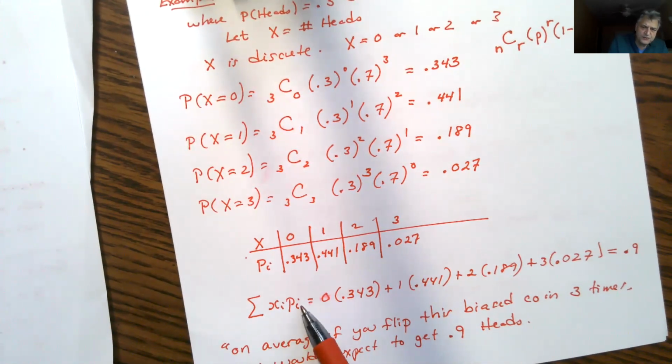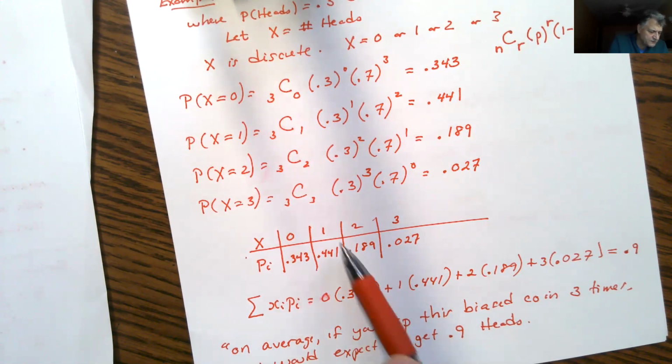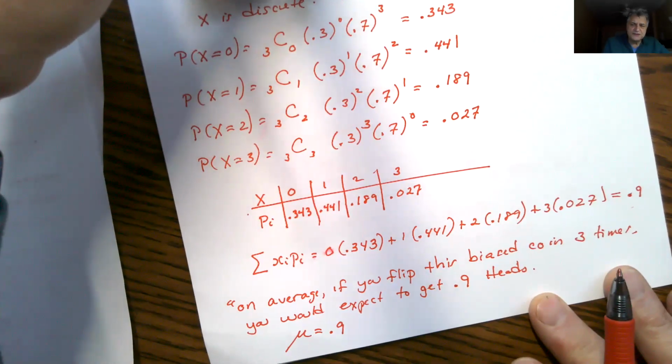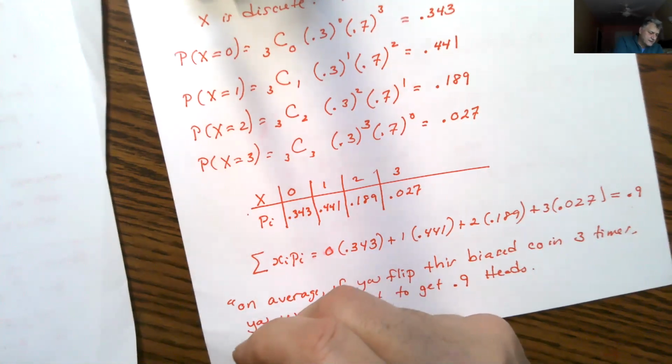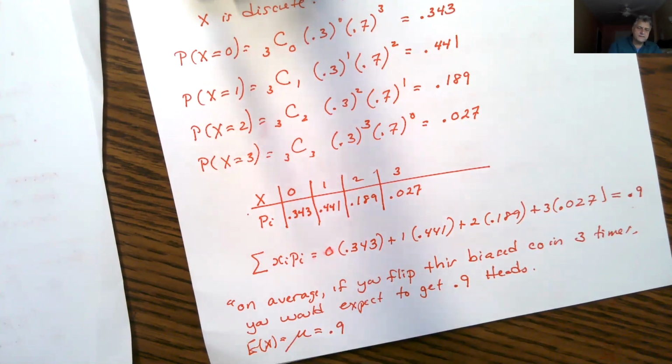So if I use this formula, 0 times 0.343 plus 1 times 0.441 and so forth, I get 0.9. This is called the expected value, which is mu.